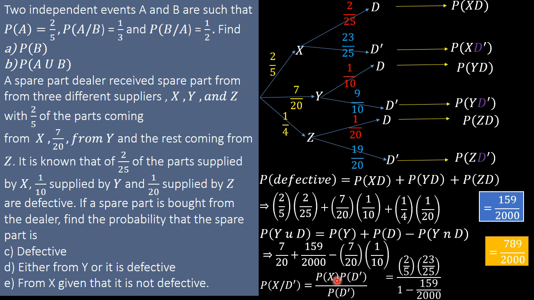So friends, if we plug in everything, we are going to have the probability of having a part that came from X, which is 2 over 5, times the probability that the part was not defective, that is 23 over 25, all over the probability of not having a defective part, that is 1 minus the probability of having a defective part. So friends, if we simplify, we are going to have our answer to be 736 over 1849. So friends, this is the answer we have.